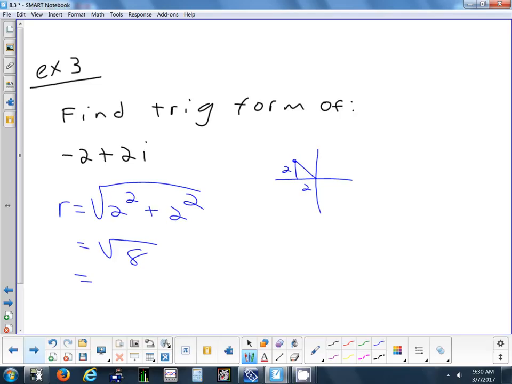What's the square root of 8 reduced to? 2 square roots of 2, because you could split it like this: 4 times 2 is 8, and the square root of 4 is 2. So that's half of it. That's our radius. And what's the other thing I need?